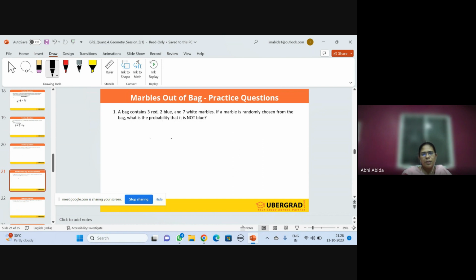The bag contains 3 red, 2 blue, and 7 white marbles, right? If a marble is chosen randomly from the bag, what is the probability that it is not blue?